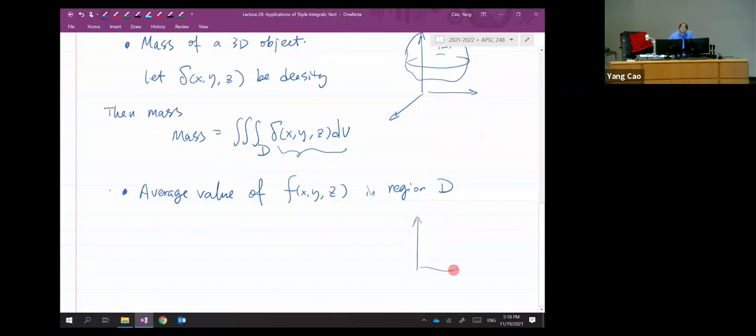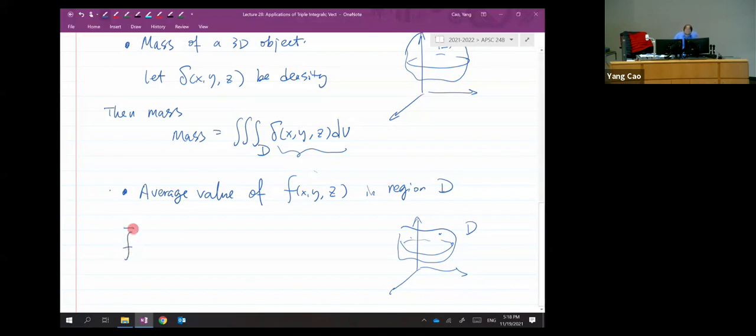If I redraw the region D here, and you have a function f defined over this region D, you pick a point in the region, plug it in, and you get a value. You pick a different point, plug it in, you get another value. So the question is, what would be the average value within this region D for this function f?